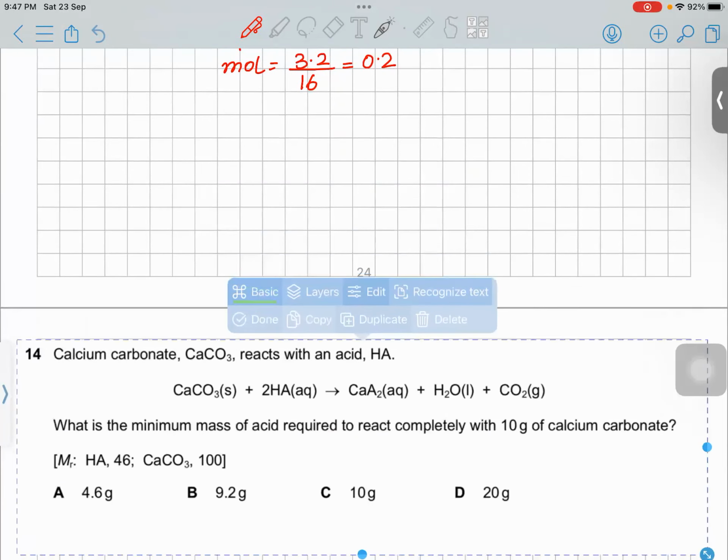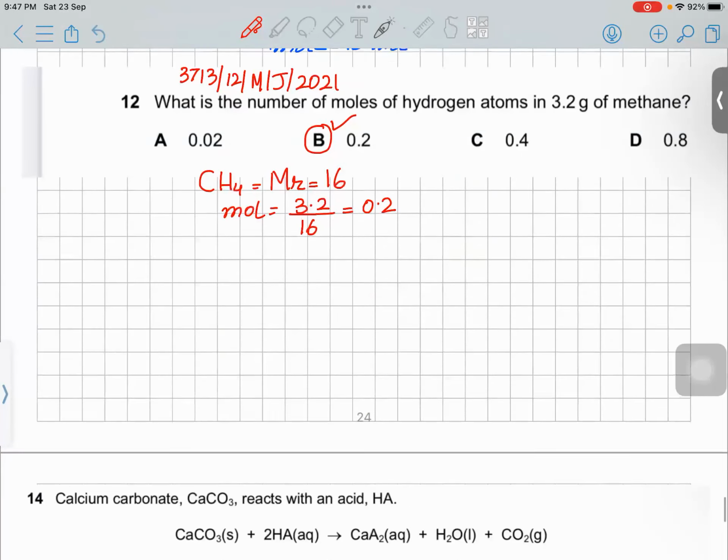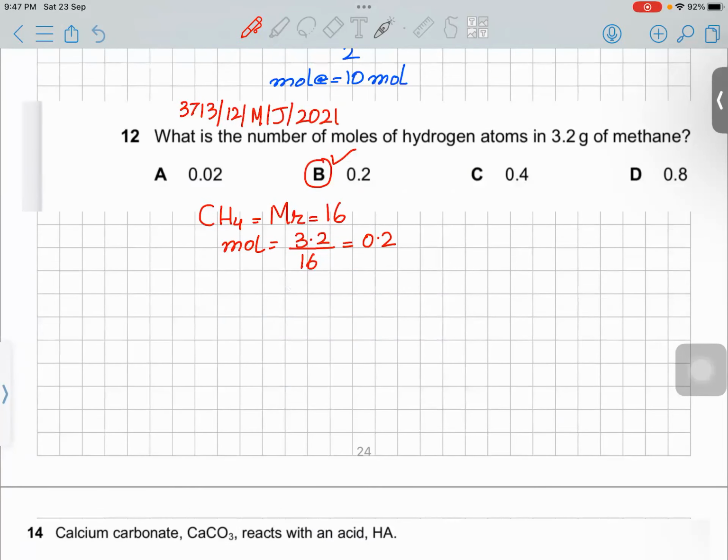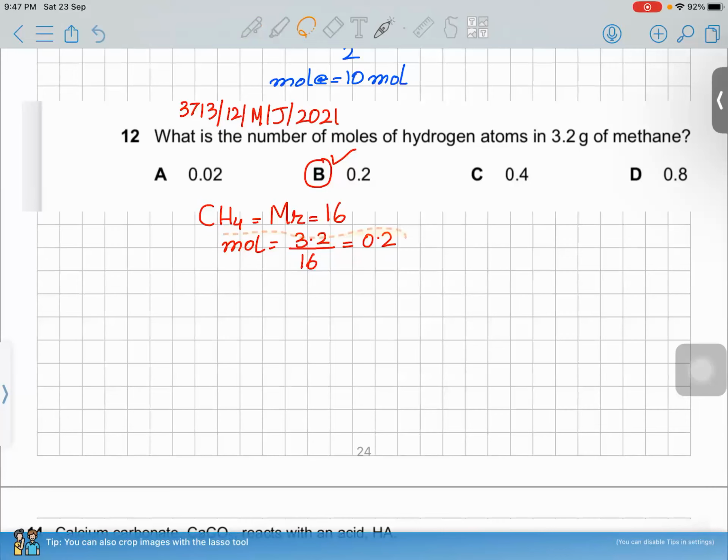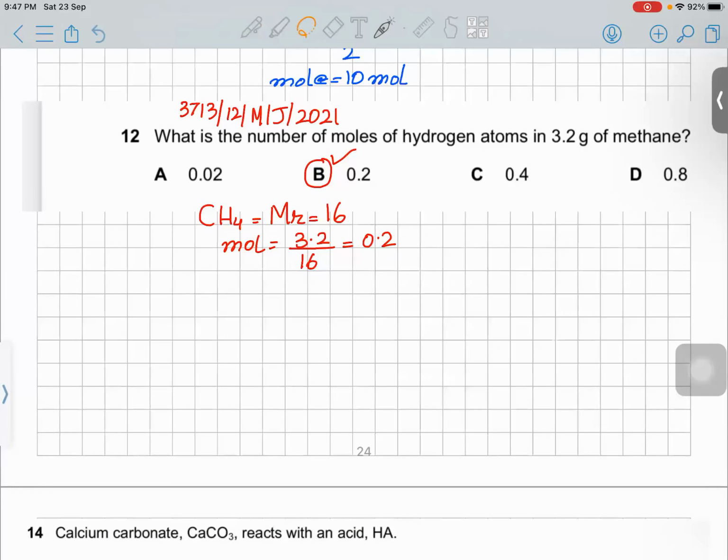So will it be like the AR of hydrogen is 4, so we do 3.2 divided by 4? No, no, look again. So we have the mole of CH4. Now, can you tell me the ratio between CH4 and hydrogen?